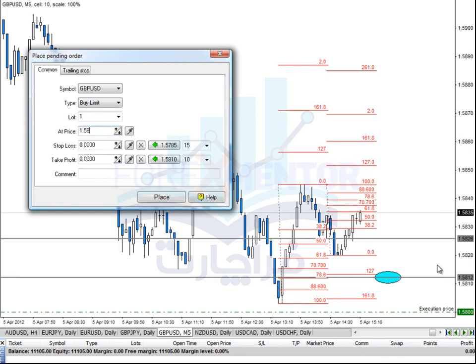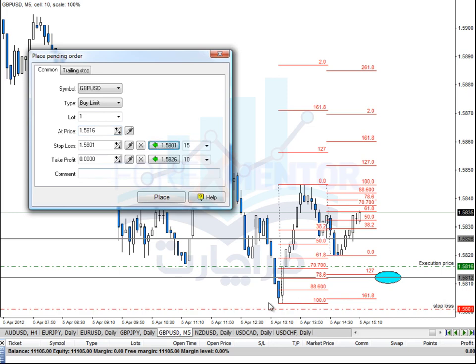So there's 1, 2, we want to go in at, let's say 1, 6. Okay, 1 pip above, so 13 plus the spread, so 16, and then a stop loss below this low right here. So I'm going to put in a 15 pip stop, just below the low.